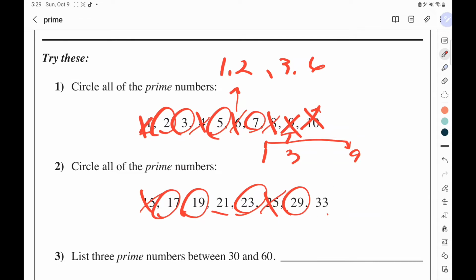So the factors of 33 are 1, 33, 3, and 11.